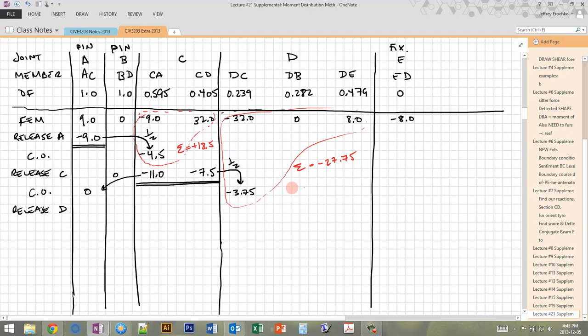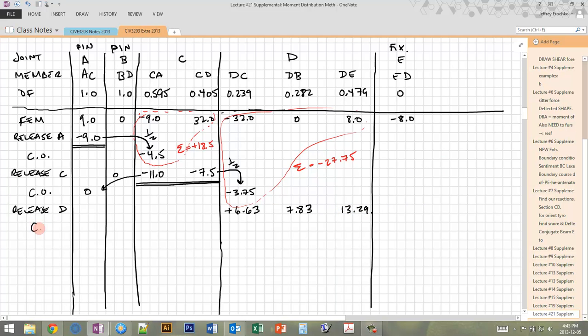And if we add a total of 27.75 positive, then this total joint will be in equilibrium. But again, we have to add that extra moment in relation to these distribution factors. So this is going to be 27.75 times 0.239, and it's positive, right, because we're adding the reverse. It's positive 6.63. Then we do positive 27.75 times 0.282, and we're going to get positive 7.83. And this one likewise is going to be 13.29.